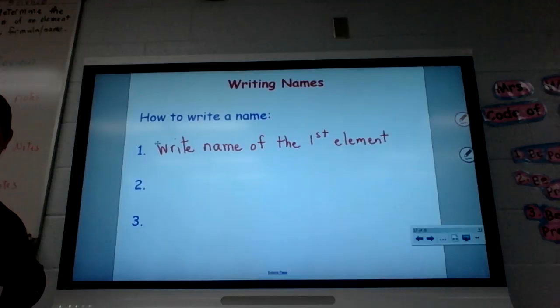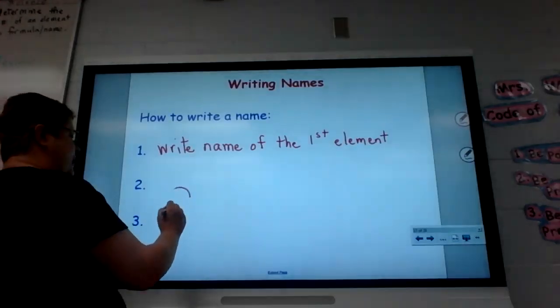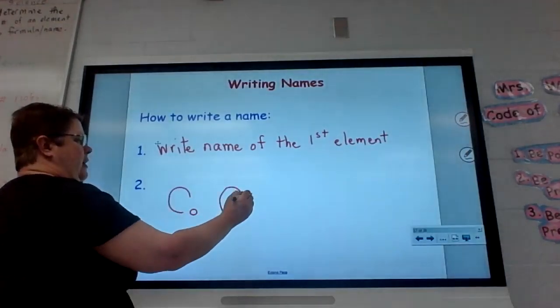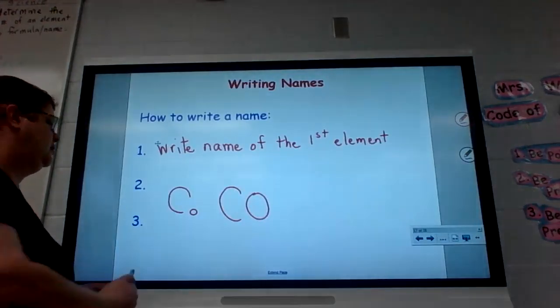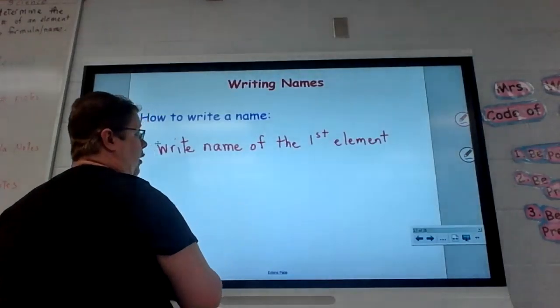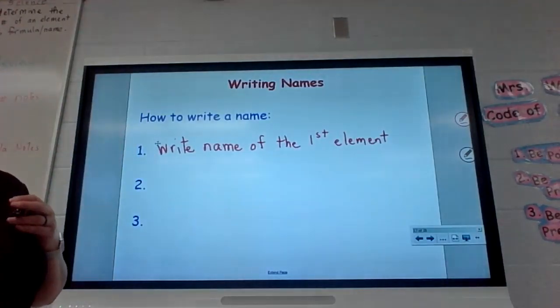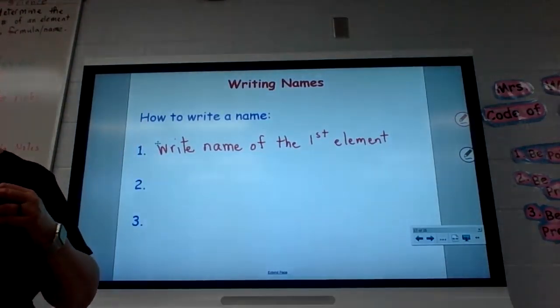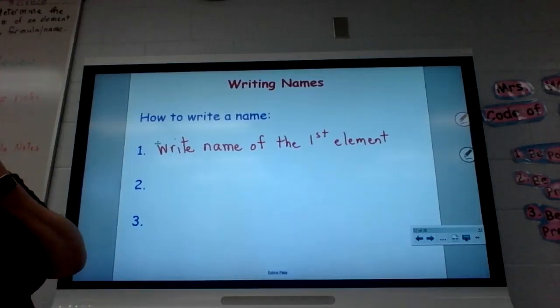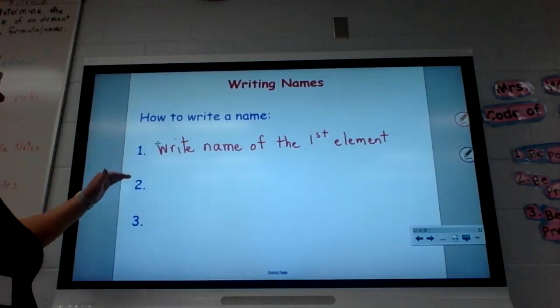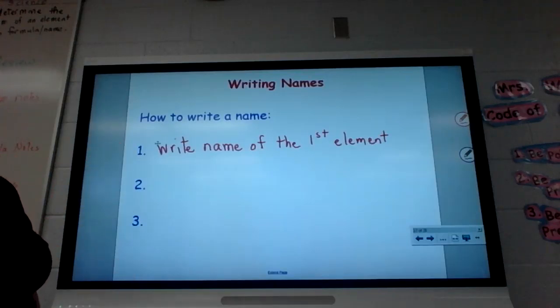For cobalt, it had to be a big C with a little o, and they couldn't figure out that cobalt was not big C, big O. So you name the first element. Steps 2 and 3 are asking you to figure out if there are 2 capitals or 3 capitals.